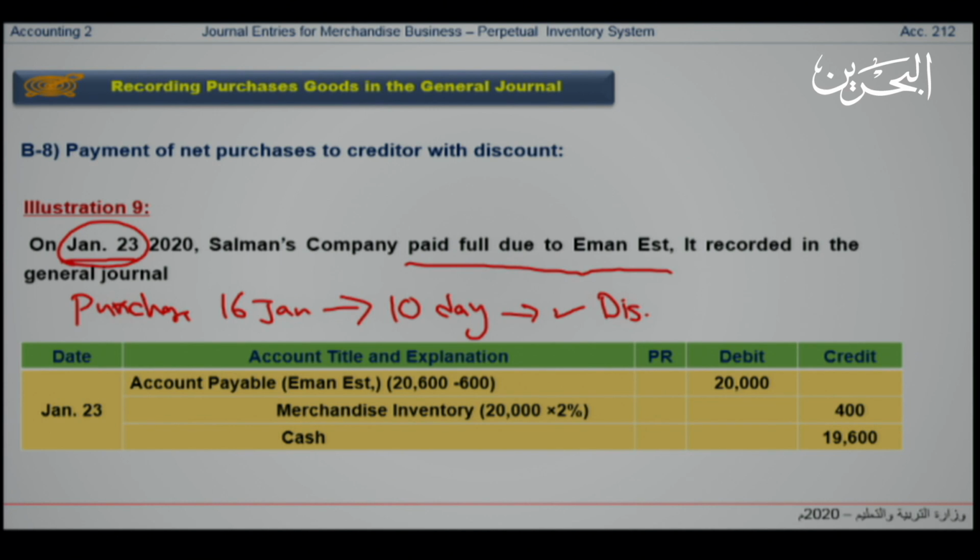If I pay the liability I have, my accounts payable will decrease. How can I get the amount of accounts payable? The amount will be 20,000, but how can I get it? I purchased 20,600, the amount of the merchandise, and I subtract the 600, the amount of the return, and I get this 20,000, the amount of the accounts payable.